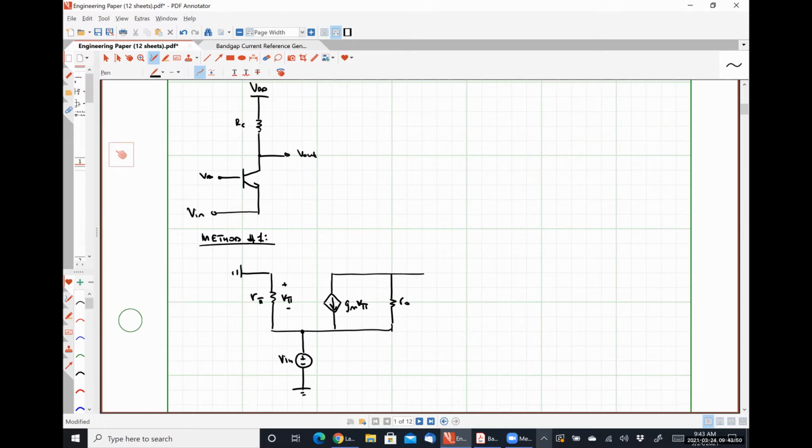This is R pi. Base, emitter. Here is our collector. And between the collector and ground, we have our resistance RC, and this is the pin at which we measure our output voltage, V out.